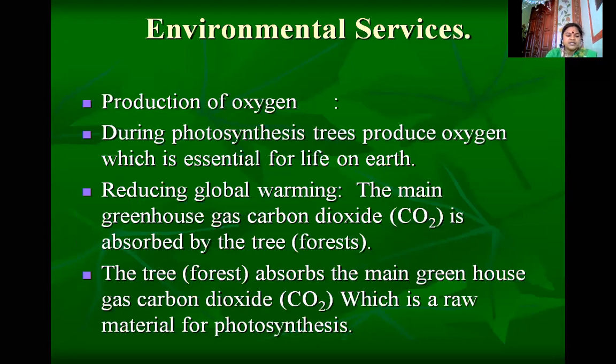The next, what are all the environmental services? Look at the first one, production of oxygen. During photosynthesis, trees produce oxygen, which is essential for life on this earth. It also reduces global warming. The main greenhouse gas, carbon dioxide, is released, and it is absorbed by trees, which is a raw material for photosynthesis.